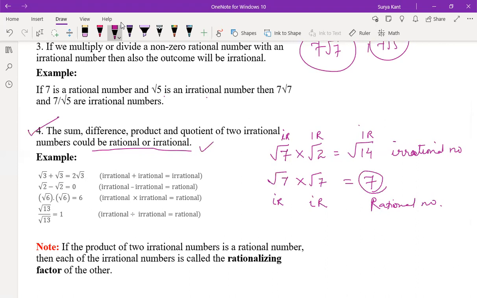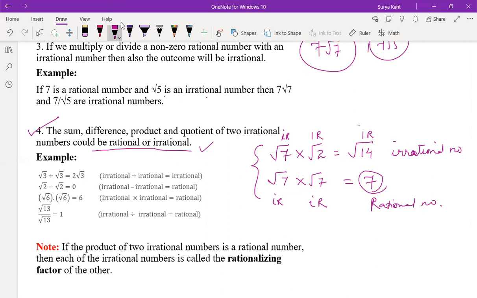Suppose I give one example here. If you multiply root 7 into root 2, both are irrational, and your answer is also irrational. But root 7 and root 7, if you multiply, you'll get 7, that is a rational number.